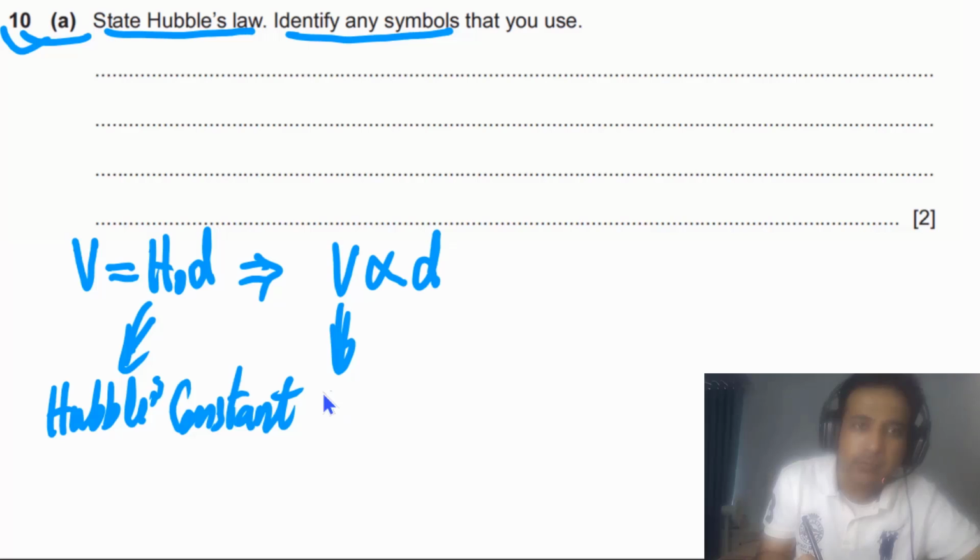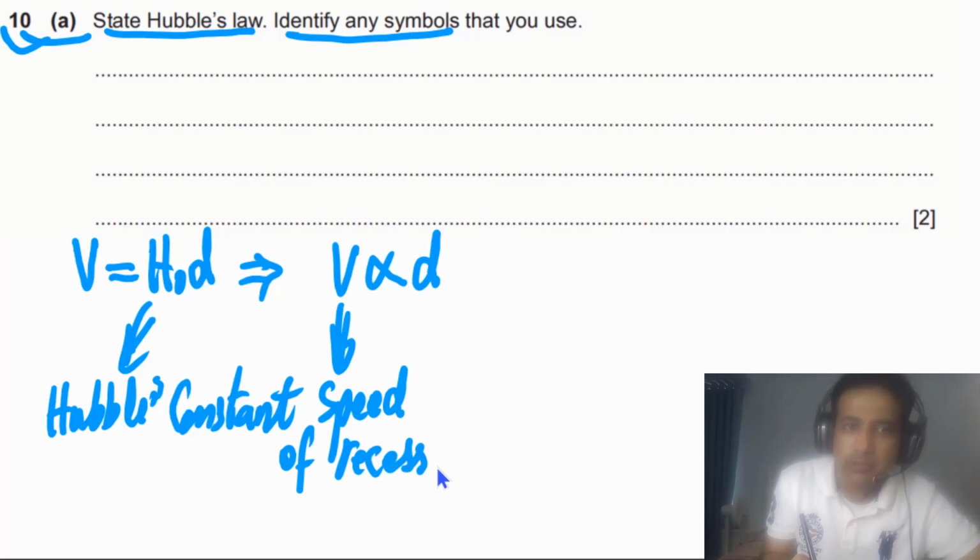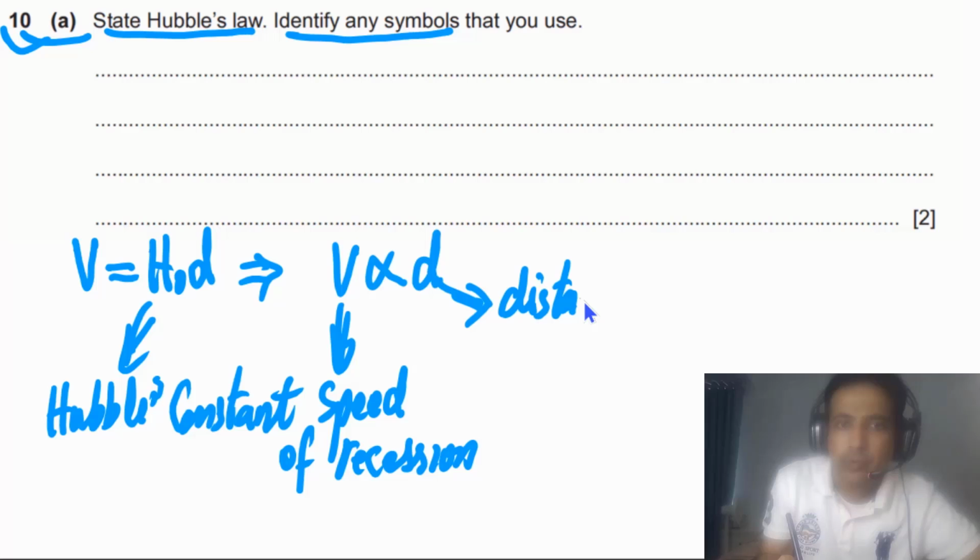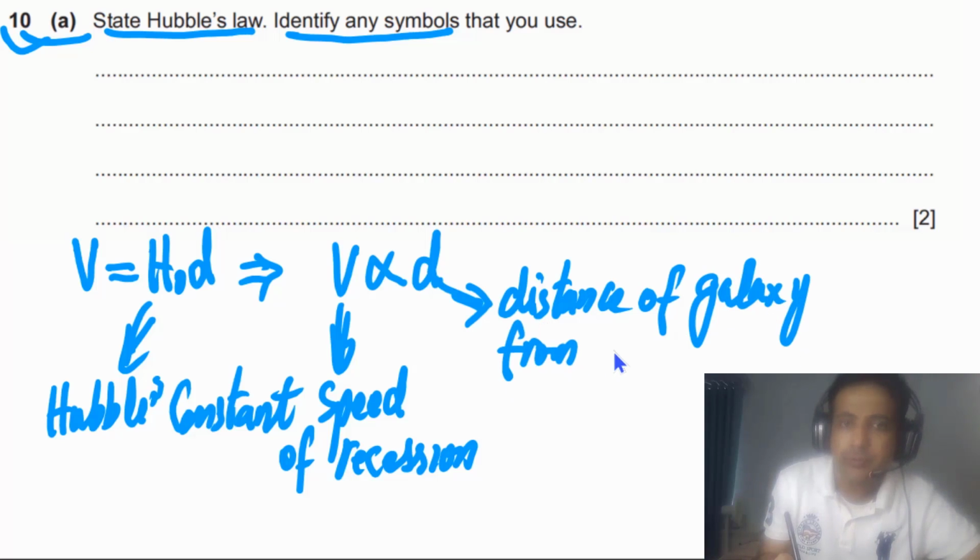V is the speed of recession, or we can say recessional speed. And D is the distance of the receding galaxy from the observer. So these things you need to understand to answer this question.